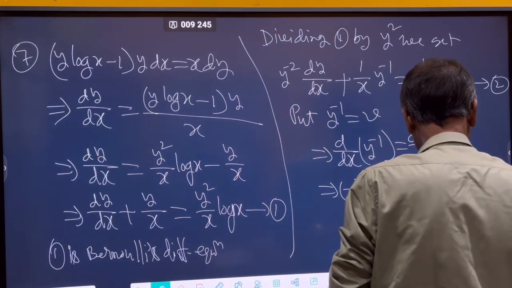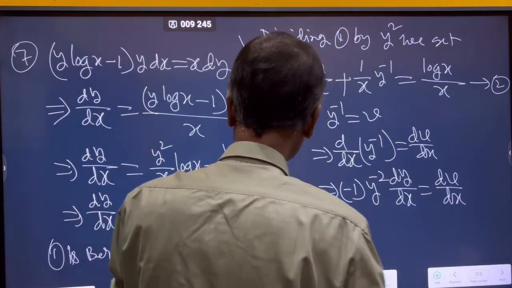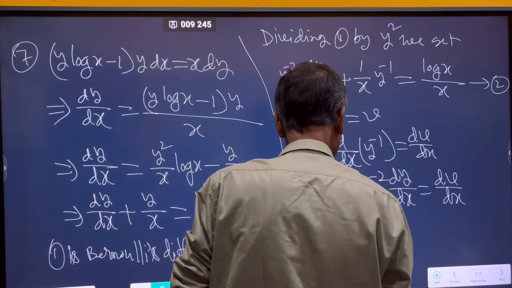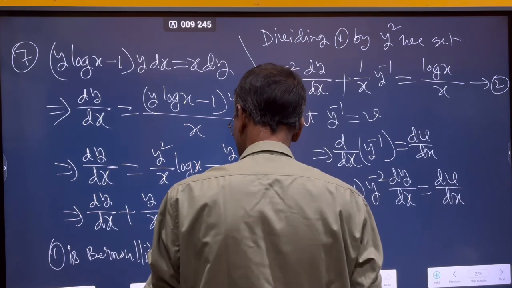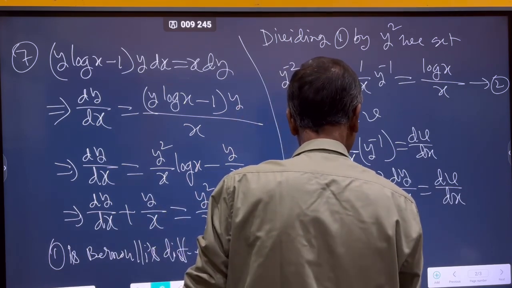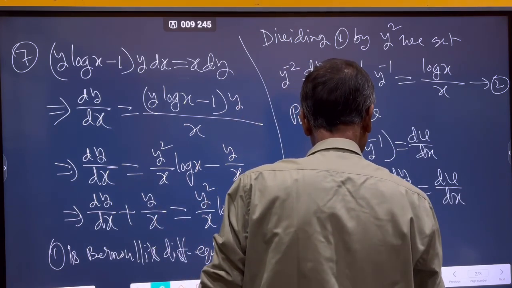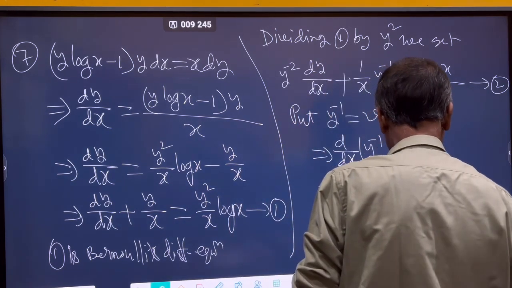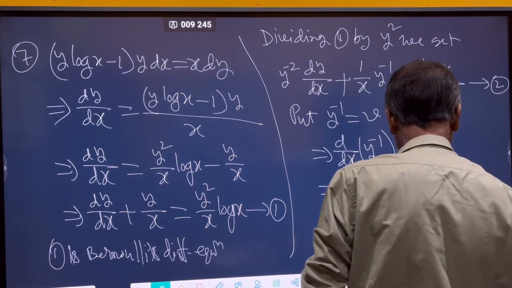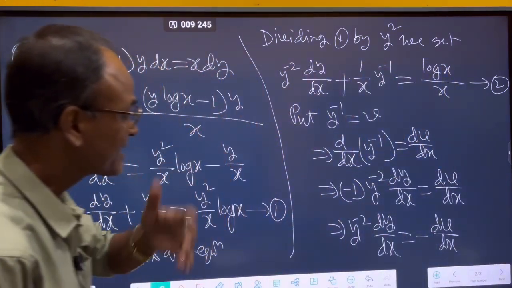So y to the power minus 2 dy by dx equal to minus dv by dx.